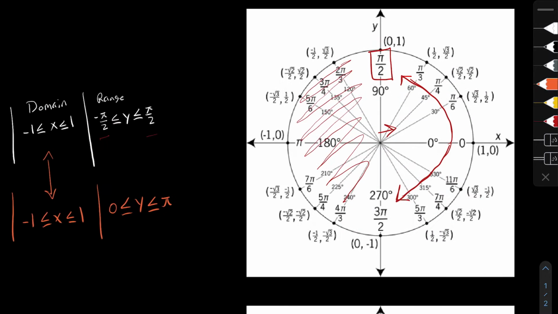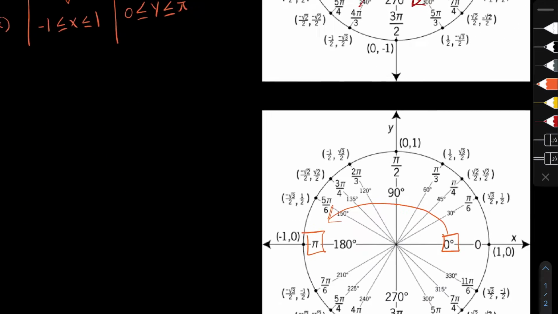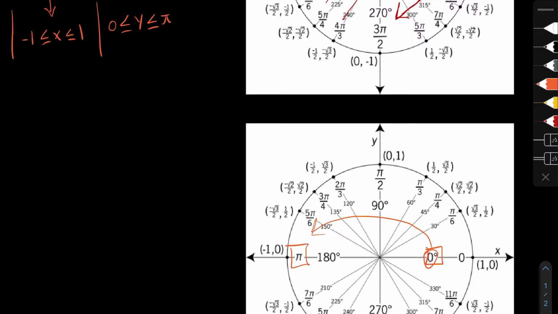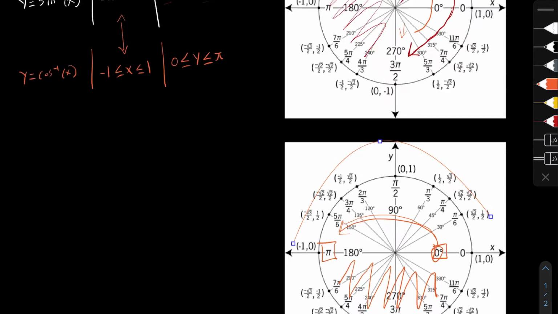If you remember, for sine, we could go from positive pi/2 to negative pi/2, because we're adding pi/2 here, and we're subtracting pi/2 here. But since here we start at 0, and we can only go to pi, we can basically eliminate this lower portion, meaning that any answer with a cosine inverse is going to have an answer from this top part of the unit circle.